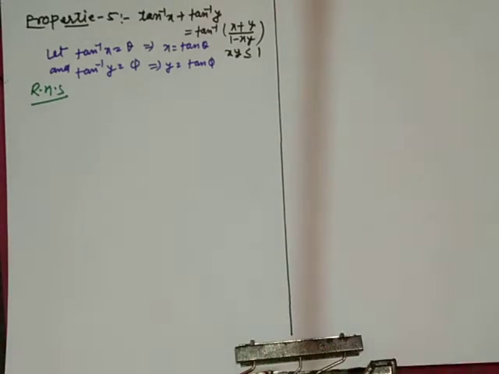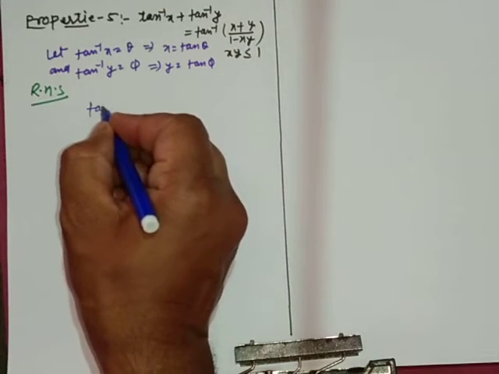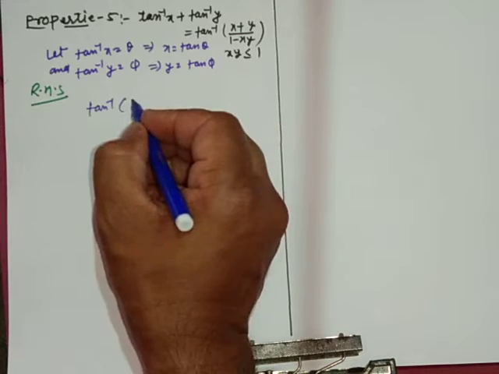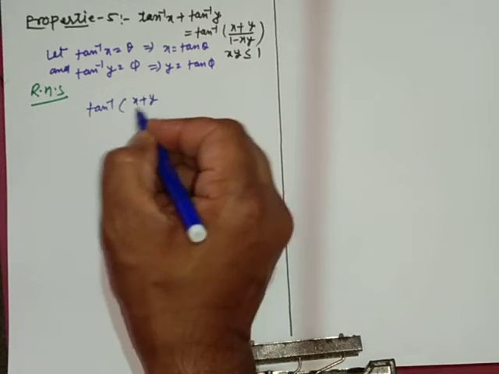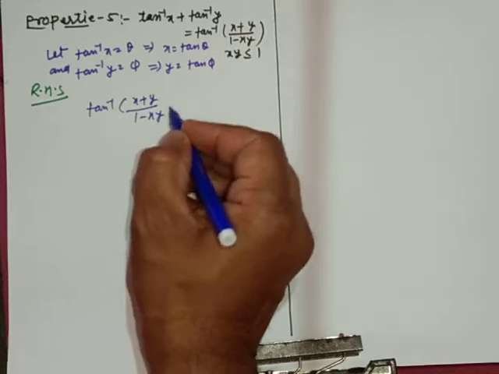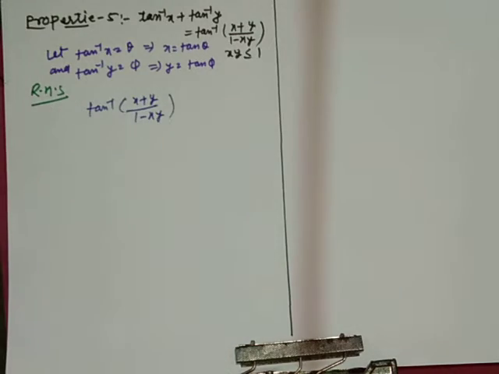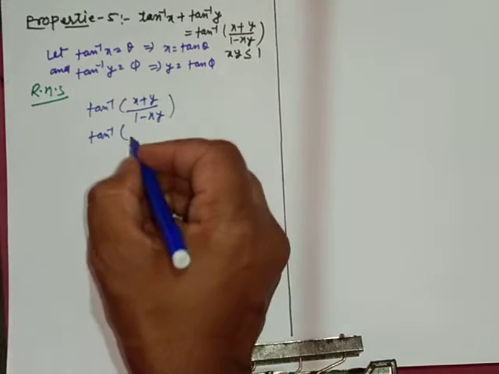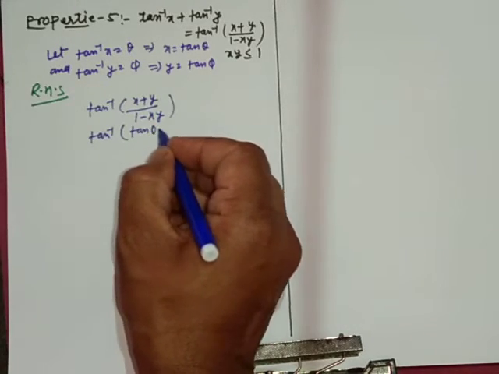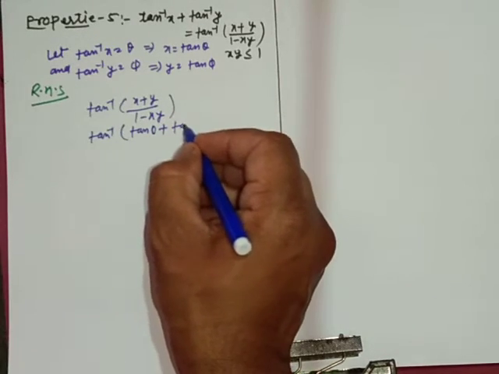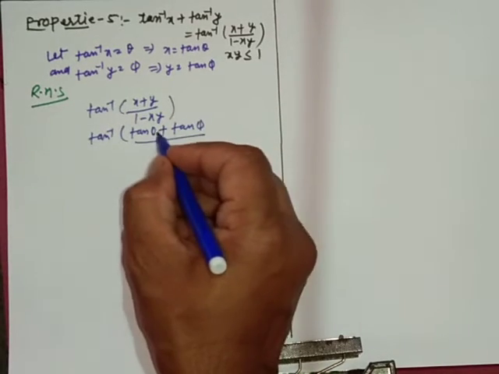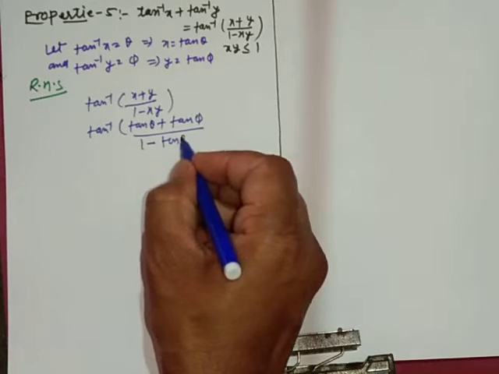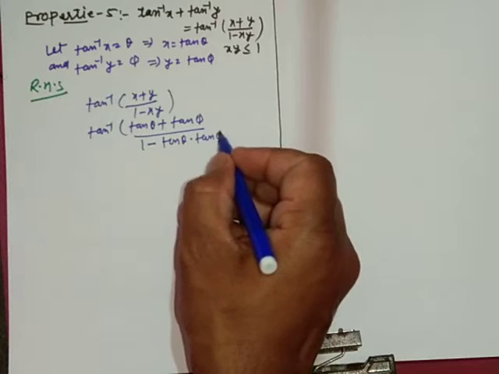Clear? So put these values. What do we have now? Tan inverse of x plus y upon 1 minus xy. So in place of x we write tan theta, and in place of y tan phi: tan inverse of (tan theta plus tan phi) upon (1 minus tan theta tan phi).